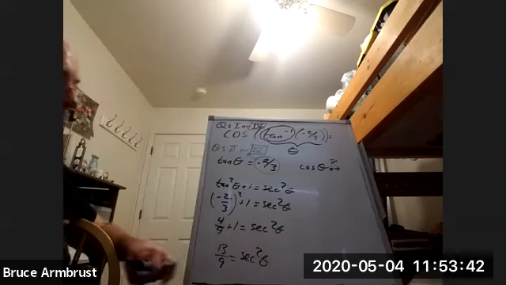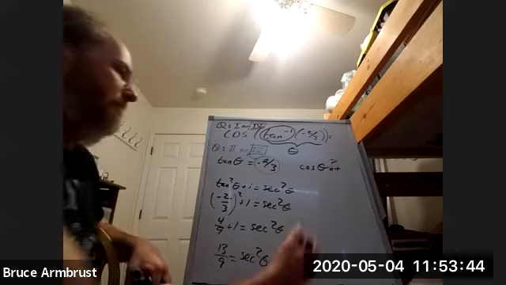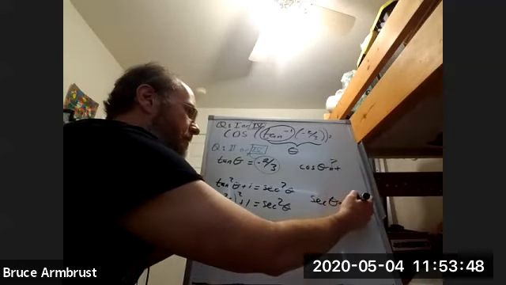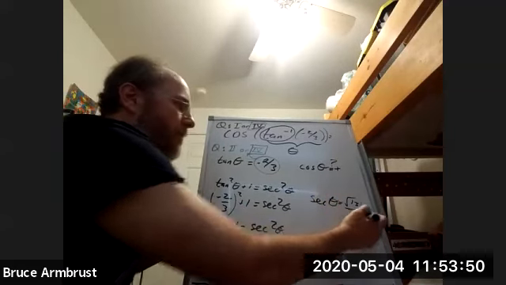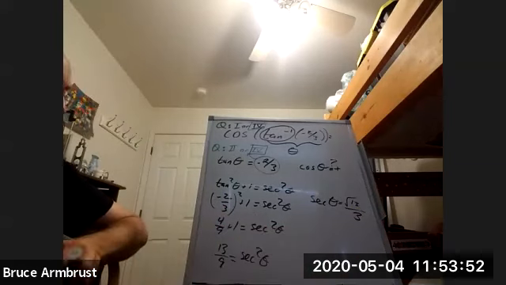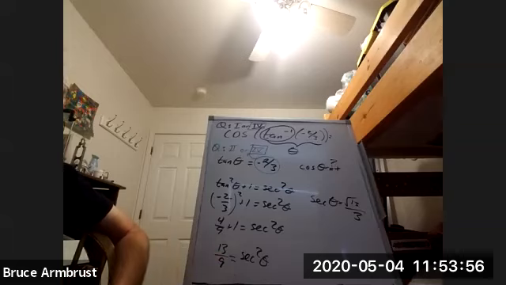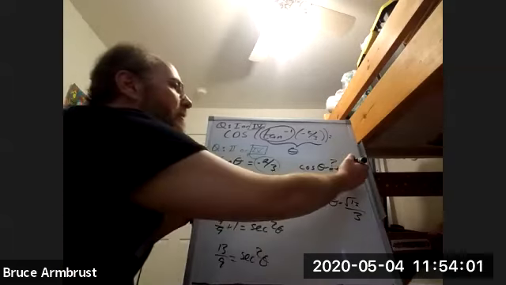So then to get the secant, I would take the square root. So I get secant of theta is the square root of 13 over 3. And again, it's plus because we know we're in the fourth quadrant. So then to get cosine, I just have to flip it over.